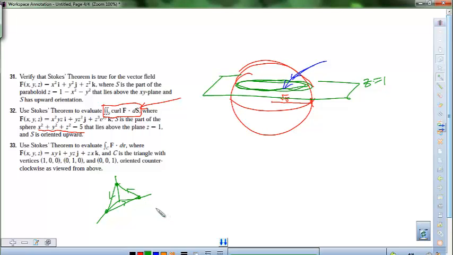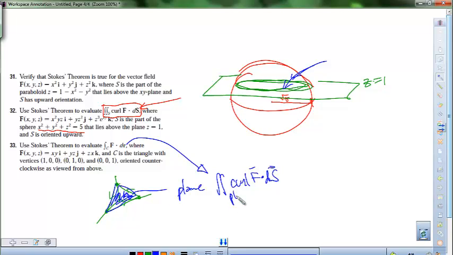So what we can do is find the equation of this plane, and this is in fact just a plane. And so we can trade in your line integral for a double integral of the curl of F dS over this surface with that specific boundary.